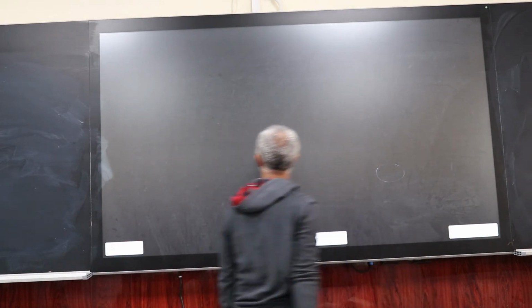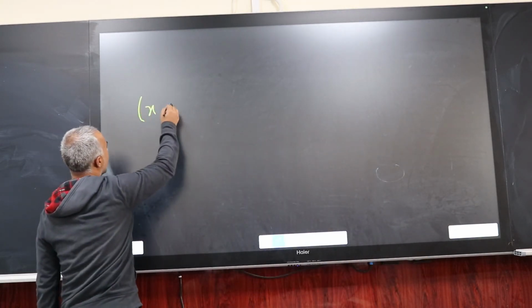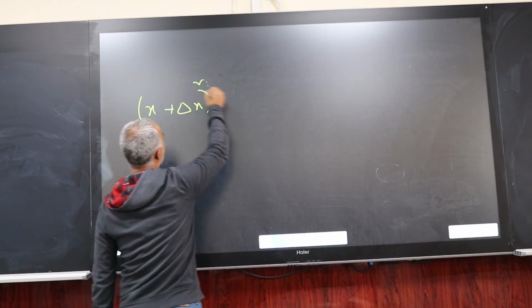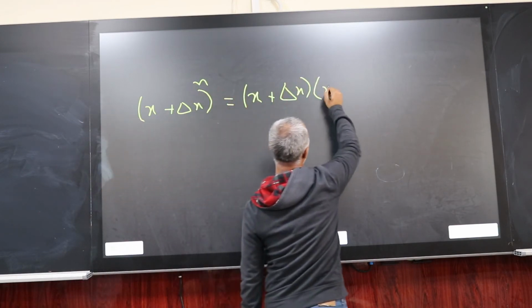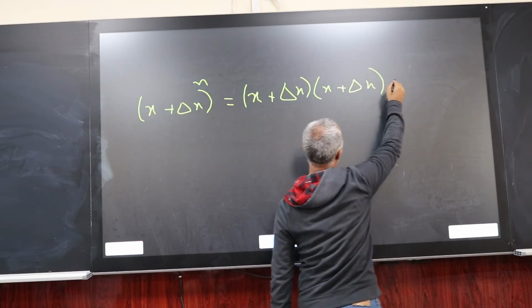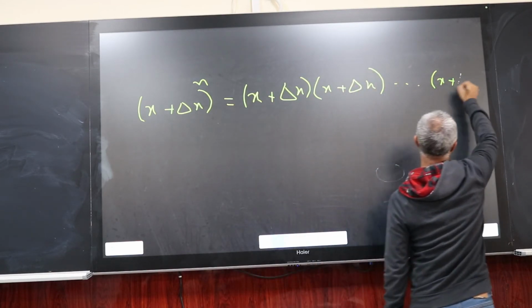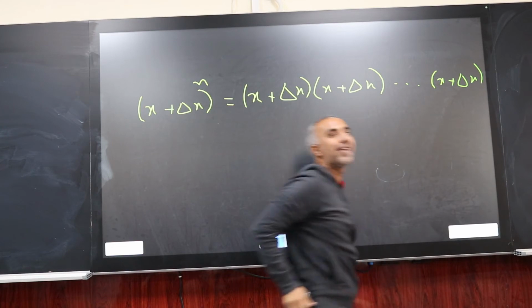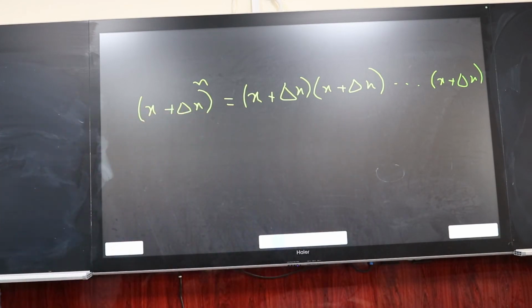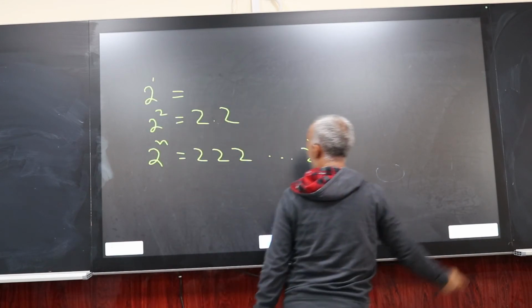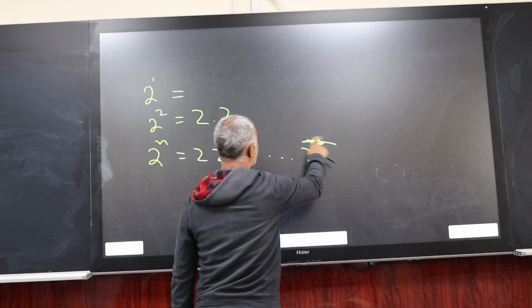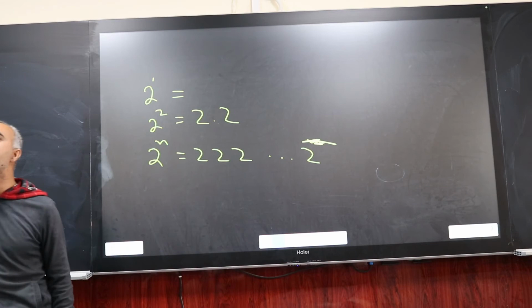If I am talking about x plus delta x to the power n, we can write x plus delta x, x plus delta x, x plus delta x, like too many factors, n number of factors. Are you getting my point?